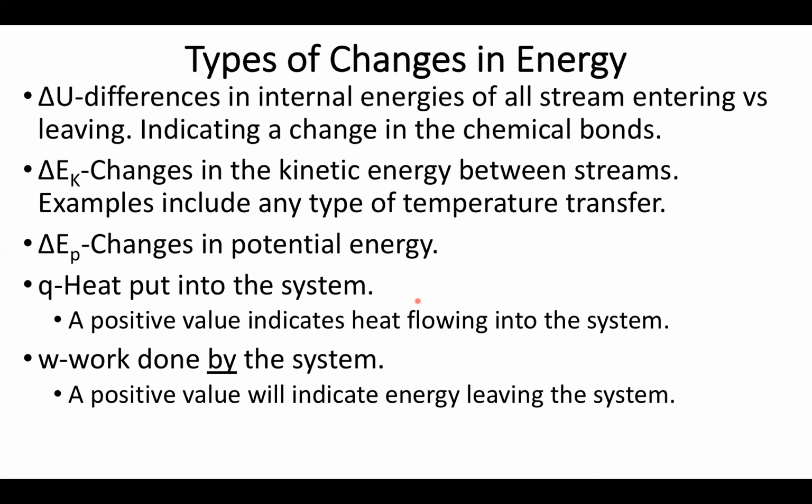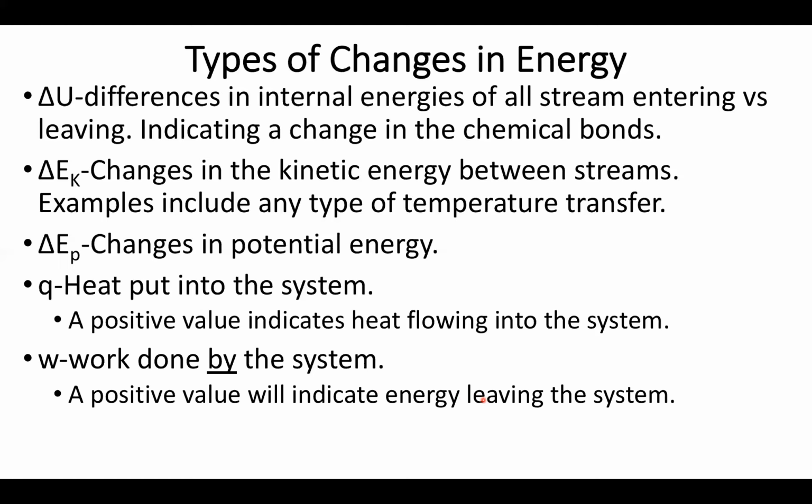However, when we're talking about work, work is always going to be represented by the work done by the system, because this is what really matters from an engineering perspective. So in this case, a positive value indicates that energy is leaving the system. So we do have a sign flip from the notation that we encountered in physical and general chemistry.